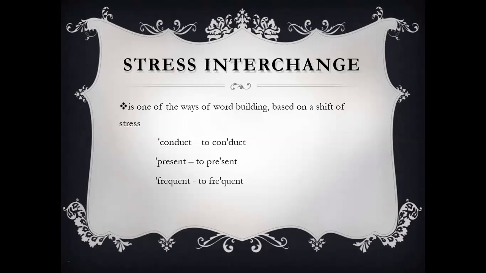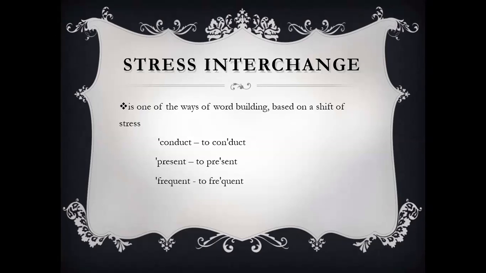Stress interchange. This is when the stress of the word shifts from one place to another. In this way, we can also form a new word. For example, conduct, present, frequent. Present is a gift for a birthday or for a special occasion.